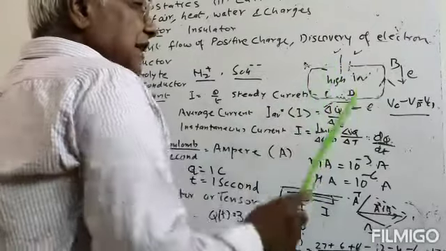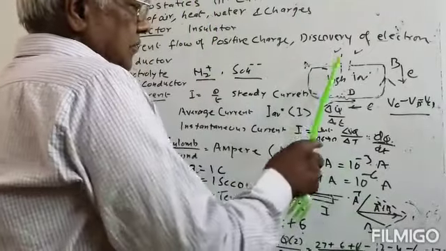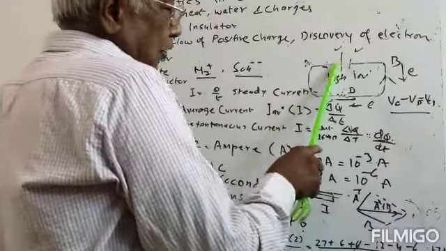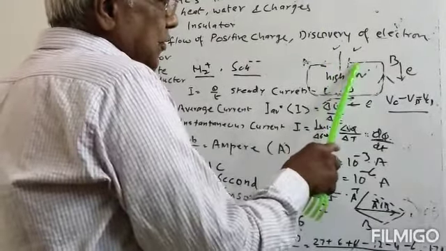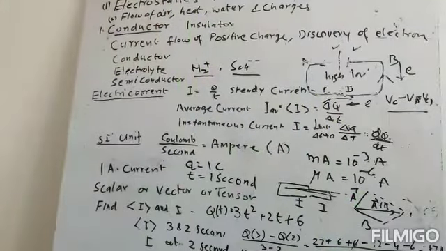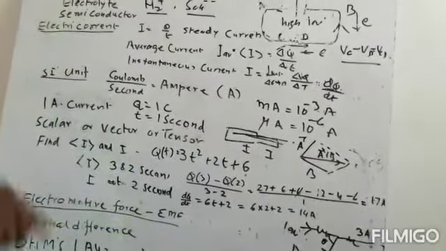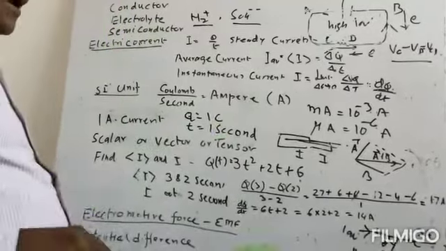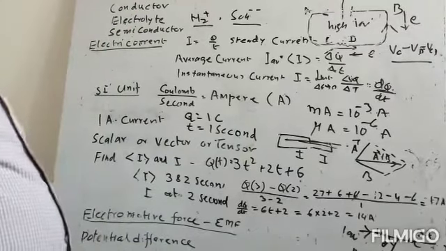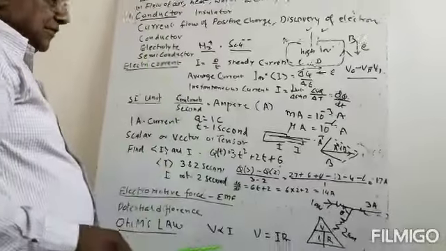So the work done by one coulomb of positive charge from the positive of the battery to the negative of the battery in the outer circuit is known as the terminal voltage. So this is all about the definition of current, what is the EMF, the source of EMF, the terminal potential difference, and the EMF.